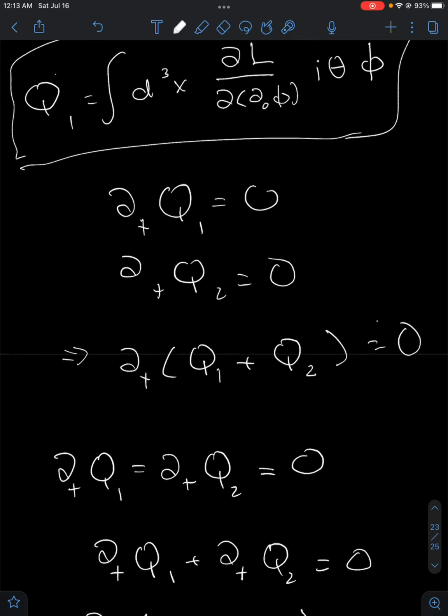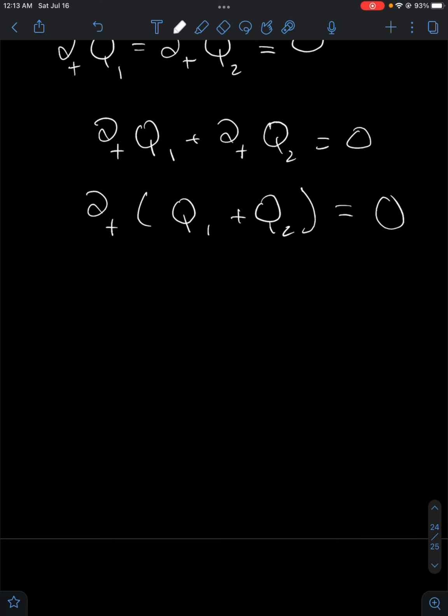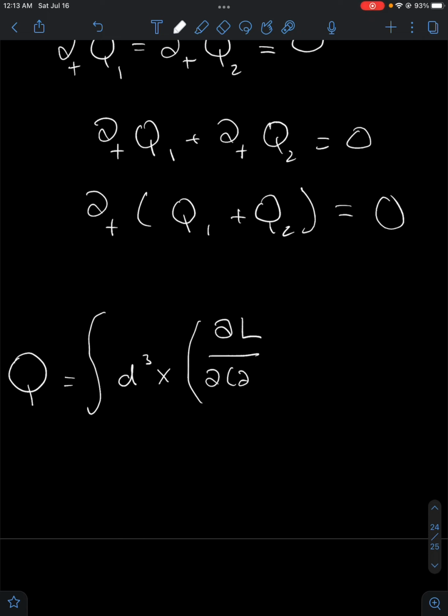And by doing that, by adding them, we get conserved quantity Q, where Q is equal, this is going to be a bit long, so brace yourselves, to the integral over the volume of partial L over partial naught phi times i theta phi.